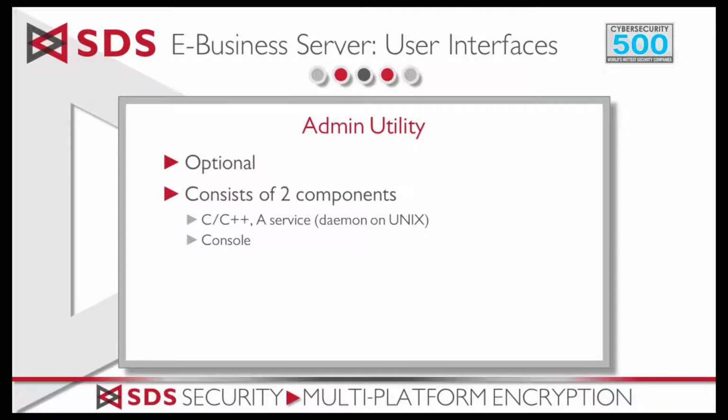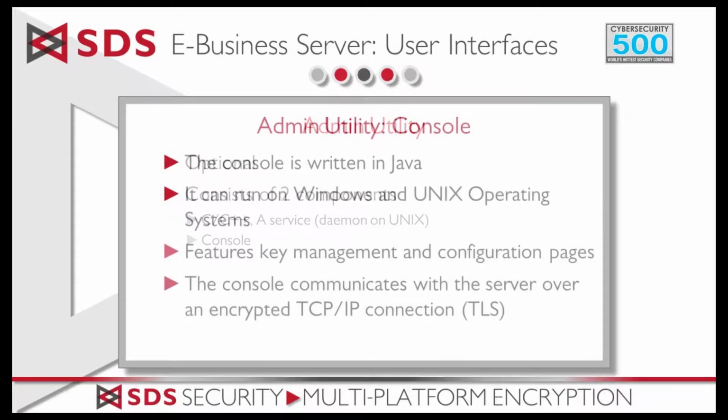Let's talk about the E-Business Server administration utility. The admin utility is an optional console that provides a graphical user interface for E-Business Server, specifically its key management and configuration management features. The E-Business Server administration utility consists of 2 components, a service and a console.